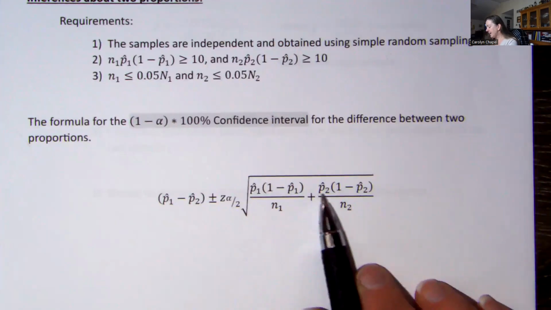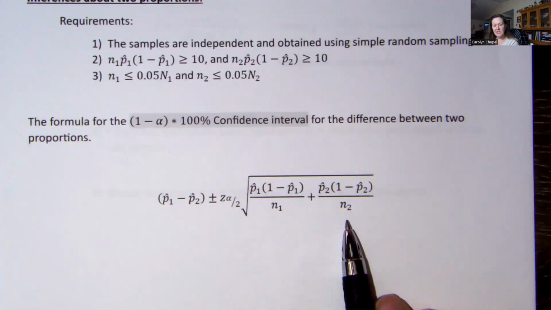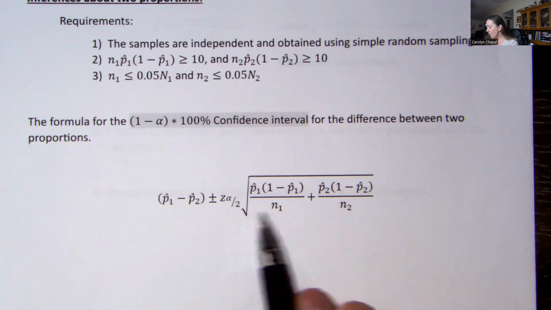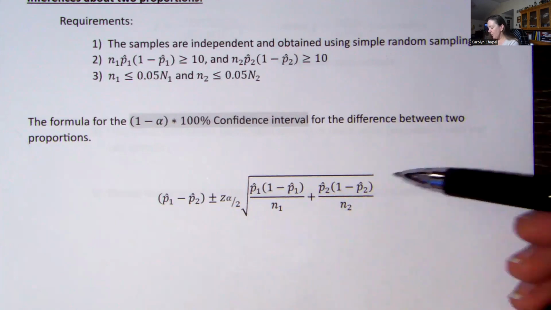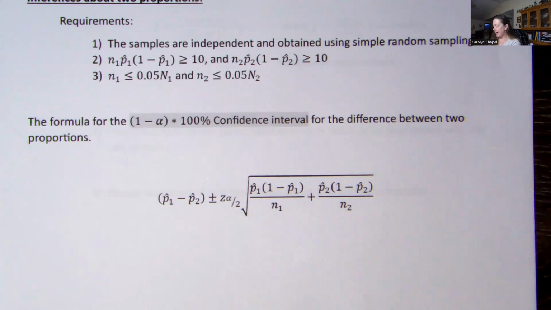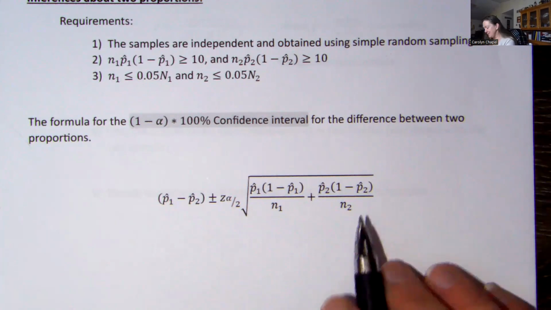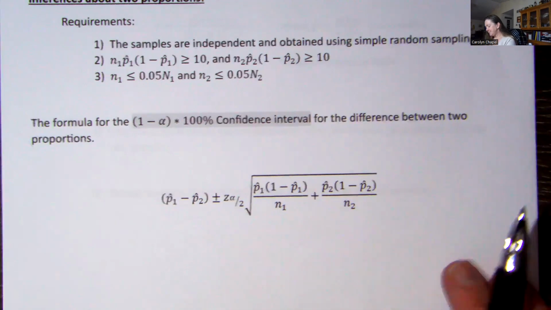And adding to that the similar fraction, noticing that both of those two pieces are added and we then take the square root of that. So that is similar to the confidence interval that we saw for a single proportion, but quite a bit more complicated because we do add these extra pieces.